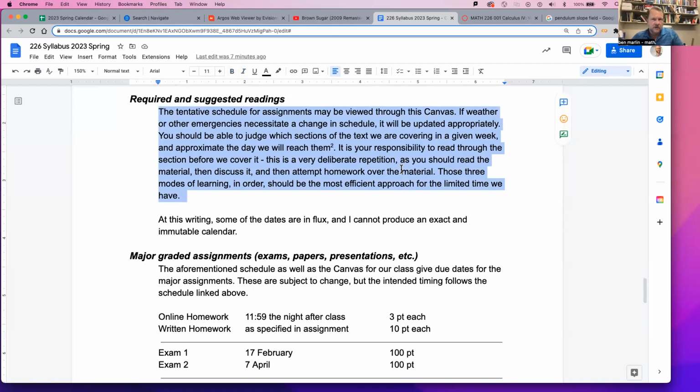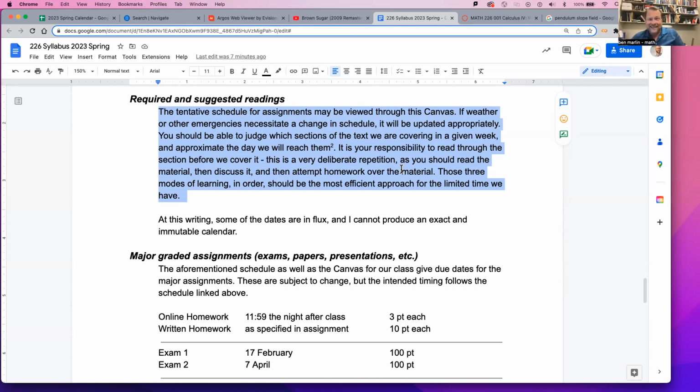With the textbook, I would like to suggest that you try to figure out before an upcoming class what you should read. One way you could do this is at the end of every class, you could say, hey, Ben, what do you want us to read for next time? And I'll tell you what you should read for next time.